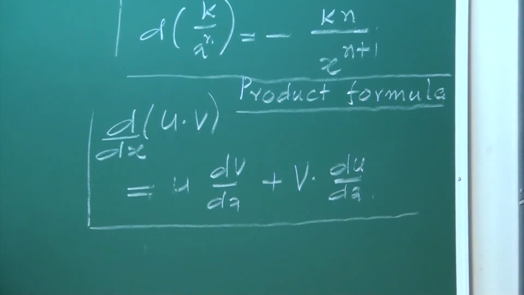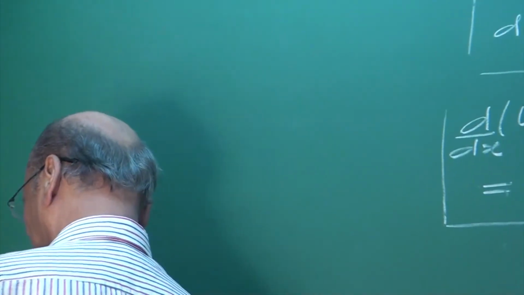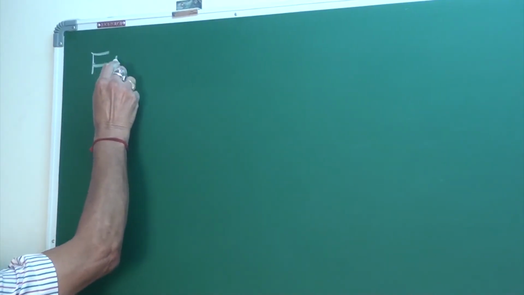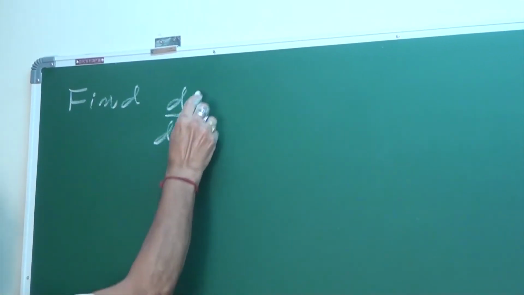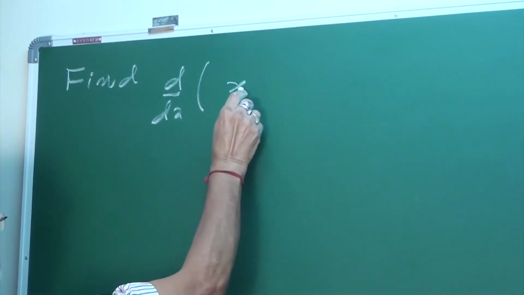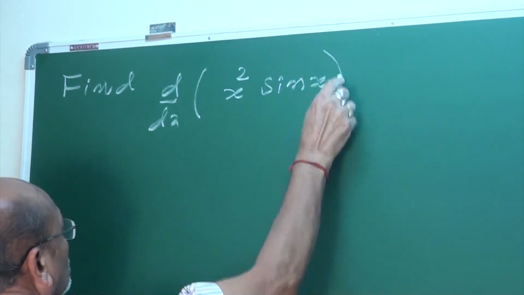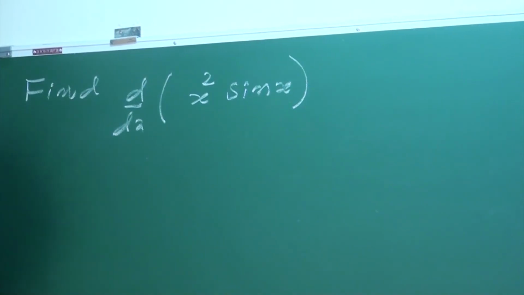Yes, my friends. Some verifications based on this. Find dy by dx of the following, otherwise first I do like this. Find d by dx of x square into sin x. Yes, my friend. Is it a product?